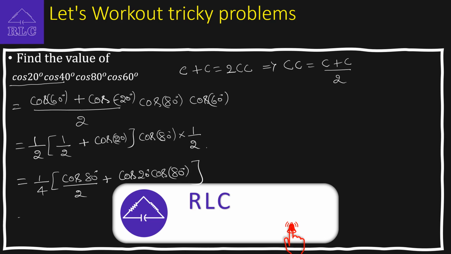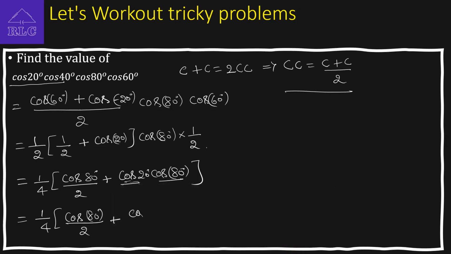Okay, so apply the same method. That means cos C cos D is there. We are going to apply the same thing here. So 1 by 4 into cos 80 degrees divided by 2 plus cos 20 degrees into cos 80 degrees. This can be written as cos(A plus B), so that means cos 100 degrees, plus cos(A minus B), so that means cos 60 degrees, divided by 2.